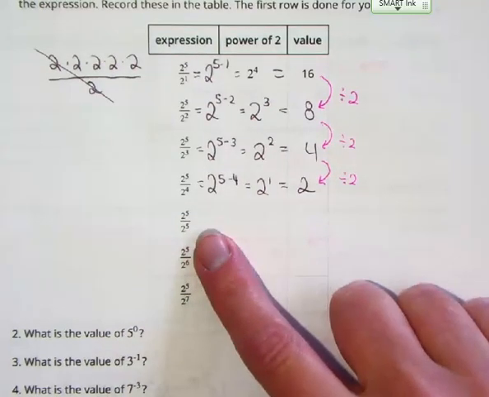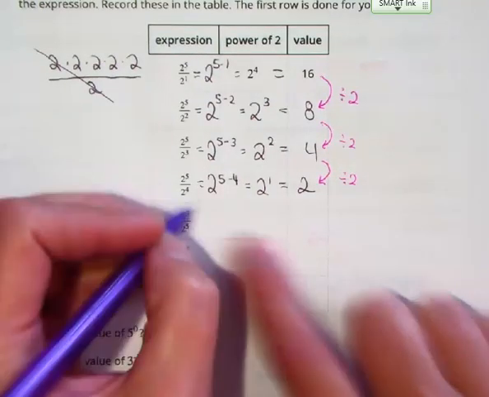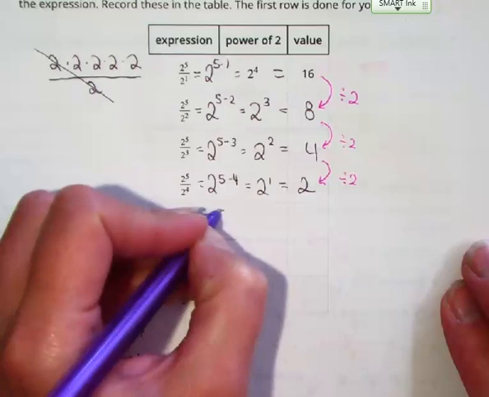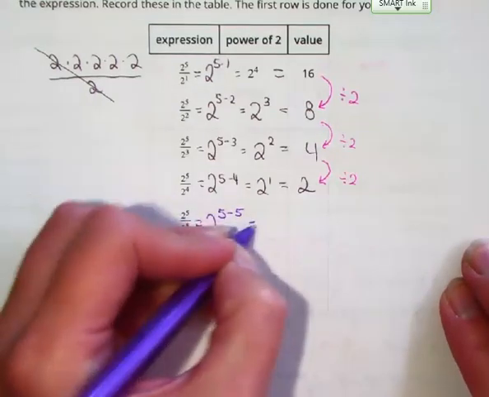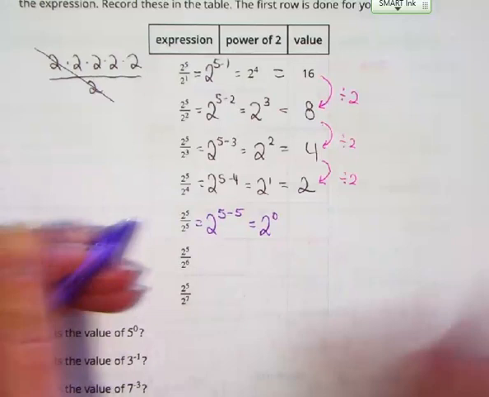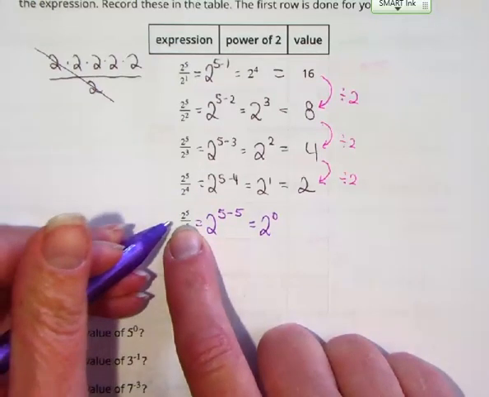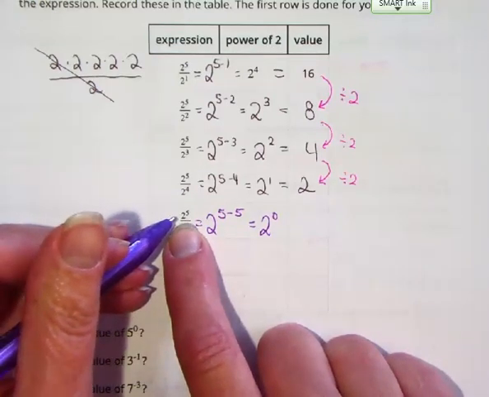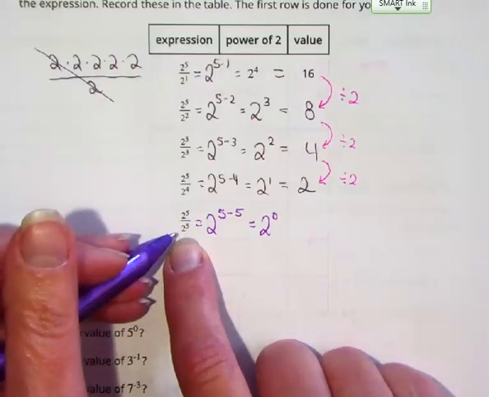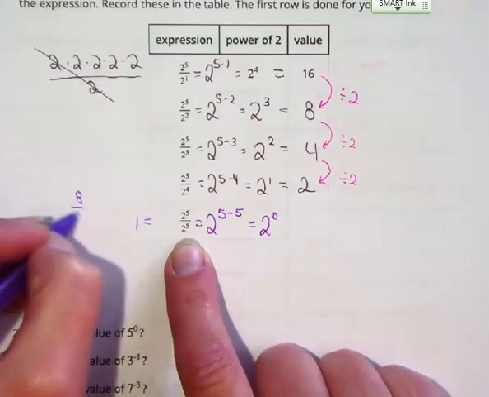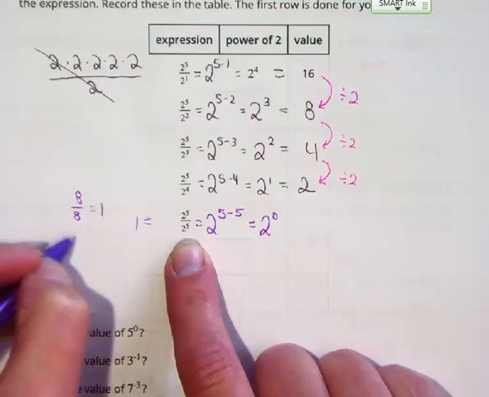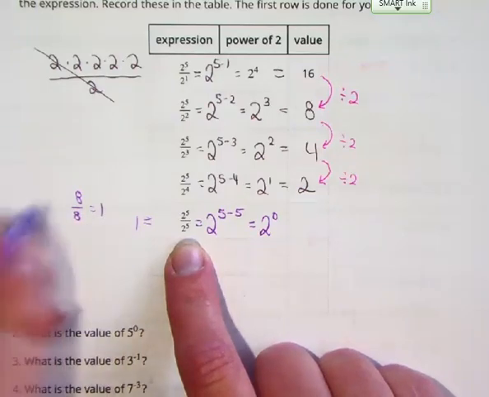Now here's that one that we're going to get a 0. So when we have 2 to the 5 minus 5 equals 2 to the 0 power. We also know this other separate rule in math, that anything divided by itself equals 1, right? If we have 8 over 8, it equals 1. 57 divided by 57 is 1.